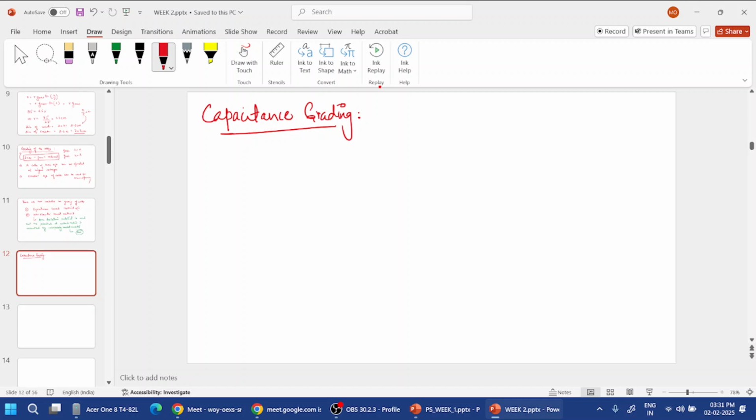So what happens here in the capacitance grading? Let lambda be the charge per unit length.